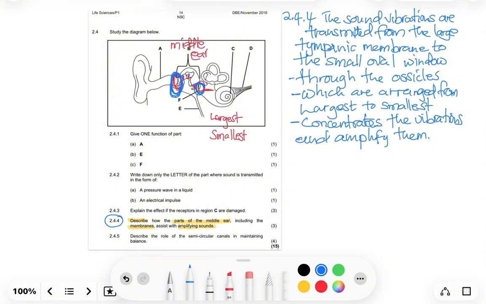Now let us move on to question 2.4.5. Right, question 2.4.5 is asking us to describe the role of semicircular canals in the maintenance of balance. Right.